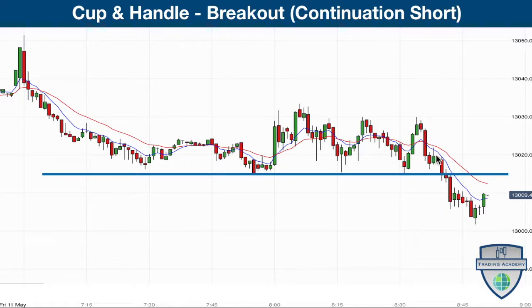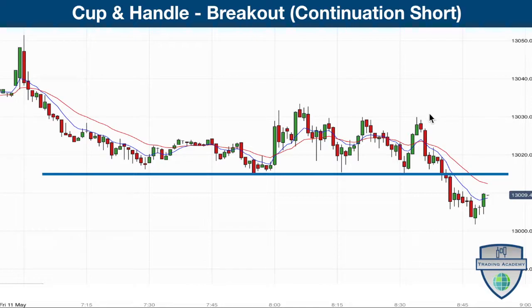It becomes almost inevitable. And so my initial risk on the trade, entering here, was actually up here. I put my protective stop up here just in case the market went back up and then came down. But I'd already decided at this stage that I thought the market was going down.